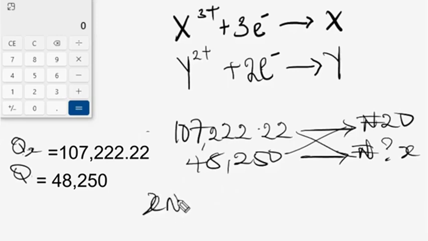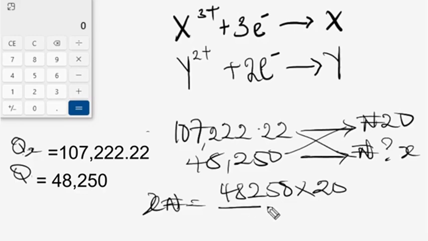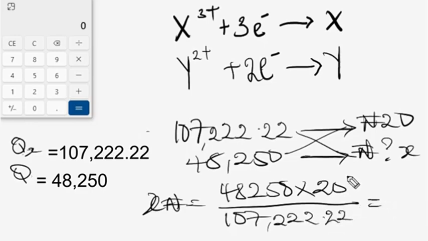and then the X naira is going to be 48,250 times 20 over 107,222.22. So let's calculate this out, 48,250 times 20, and this will be divided by 107,222.22.